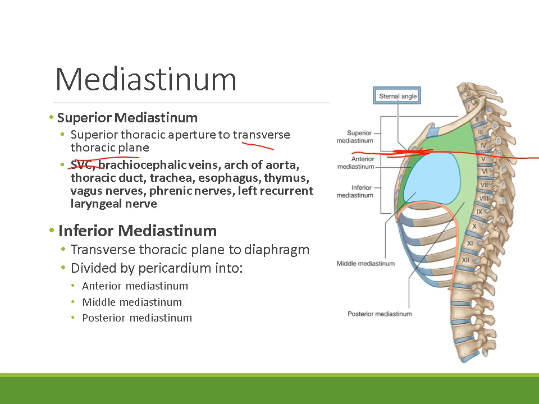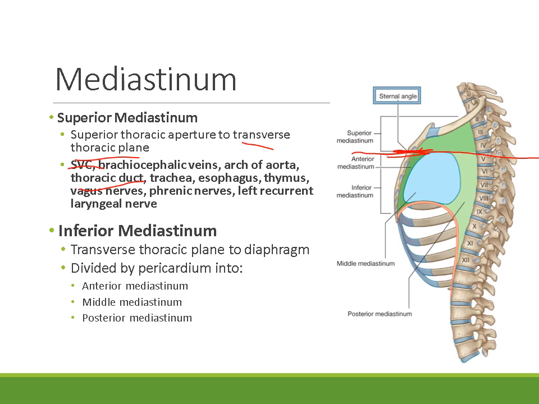Also, we see the thoracic duct, which is, remember, the large lymphatic duct that is collecting lymph from below the diaphragm and then above the diaphragm on the left-hand side. It's one of the largest lymphatic vessels.